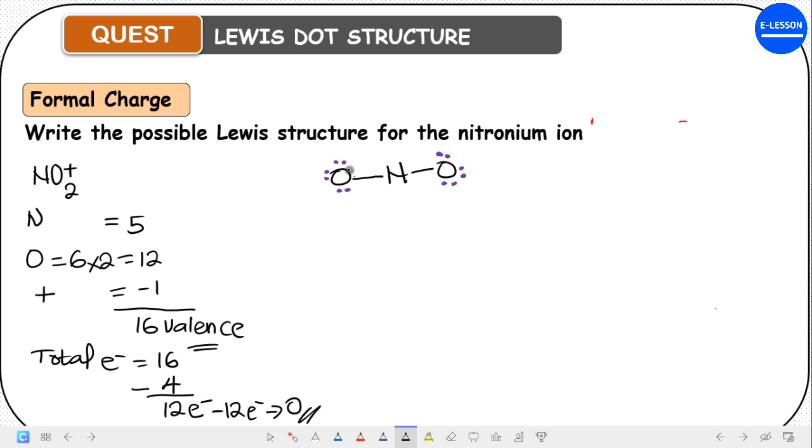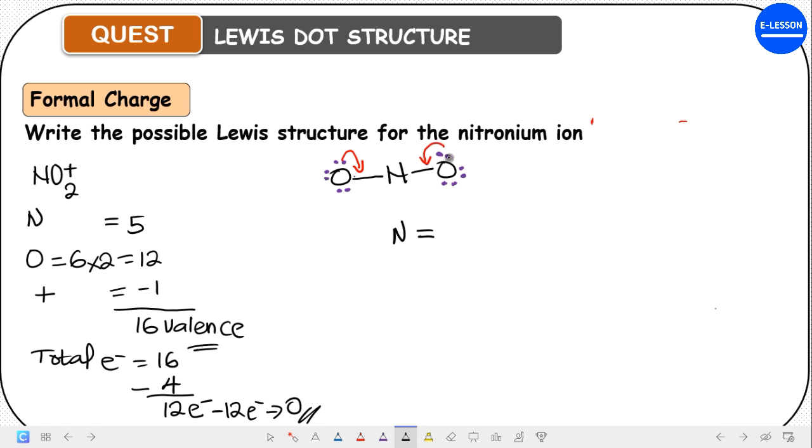Now, the next thing we need to look at is the octet of nitrogen. Is it correct? A bond is 2 electrons. So we have 2 electrons, 2 electrons, which is 4. And nitrogen normally needs to have 8. So what we are going to do in that case is promote 1 electron from here to this place, in such a way that there will be a bond between these, and this will give us something like this, a double bond.